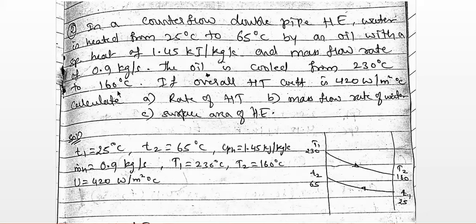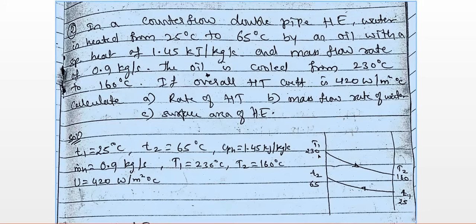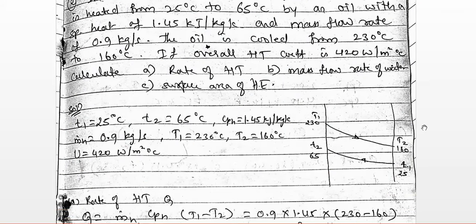As it passes through the heat exchanger, the initial temperature is 230 degrees Celsius. This is for oil, since oil is the hot fluid. So at the inlet, the temperature of the oil is 230 degrees Celsius, and the exit temperature of the hot fluid, T2, is 160 degrees Celsius. As you can see in the temperature distribution diagram here, this is the arrangement for the counterflow heat exchanger.